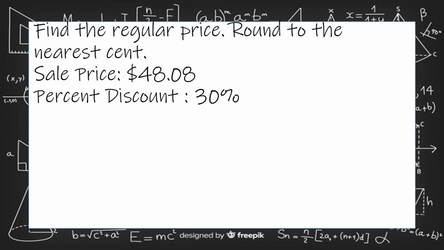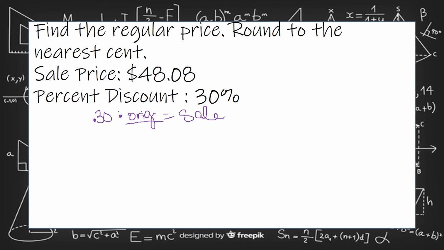Okay, find the regular price, round to the nearest cent. So on this one, we could say the percent discount is 0.30 times the original price equals the sale price. But it's not that the sale price is 30% of the original.